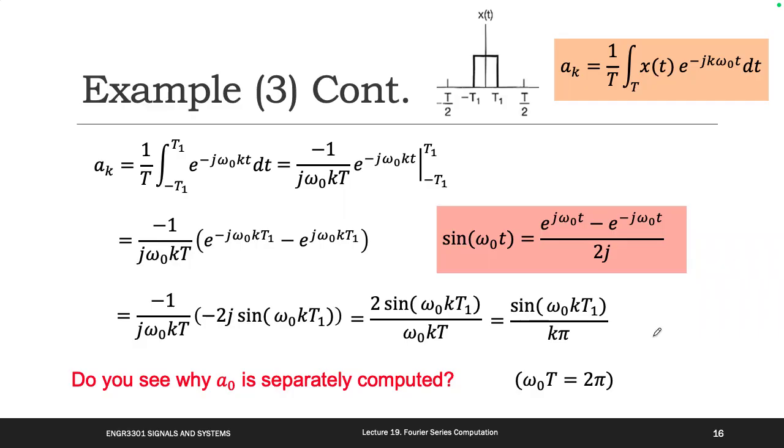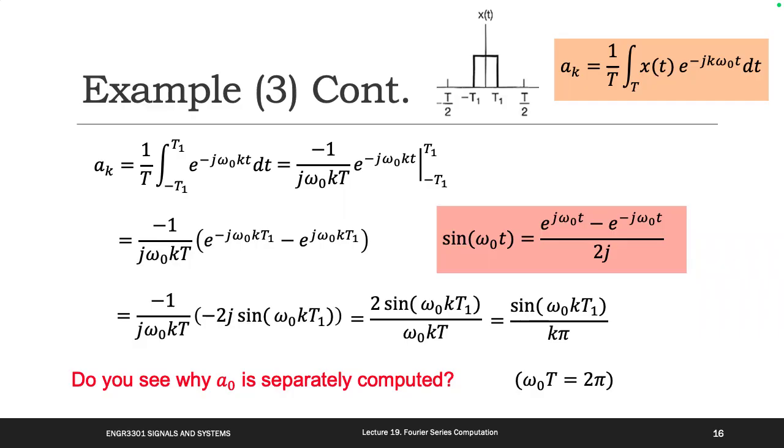Which means k equals 0. For this equation, if k equals 0, what will happen? If k equals 0, it doesn't work, because this part, the fraction, cannot be 0. Does that make sense to you? It's a mathematical thing, am I right? So the A naught, you cannot get from this equation. That's the reason why the A naught should be computed separately. Does that make sense to you?